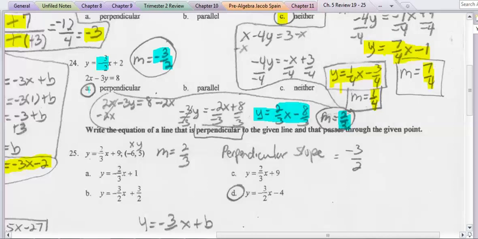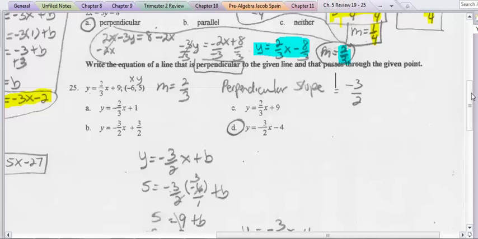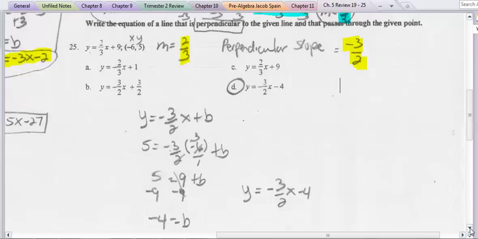Okay, the very last one is you're going to find an equation that is perpendicular to the original one. The slope that they gave us is 2/3. To find perpendicular lines, it's flipped over, opposite sign. You're going to go through and do the math, and we're going to find our b value.